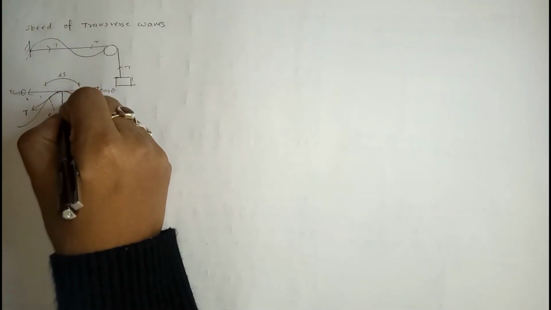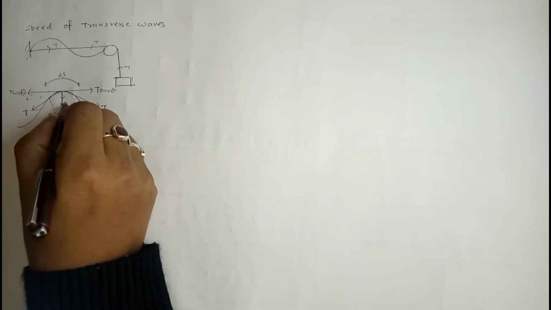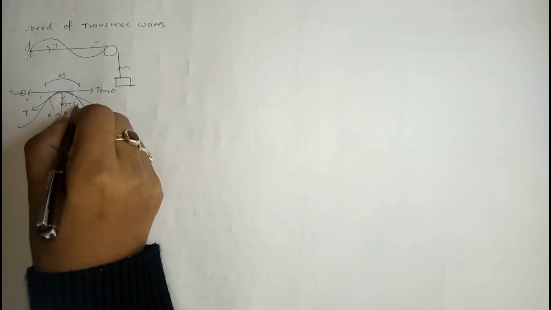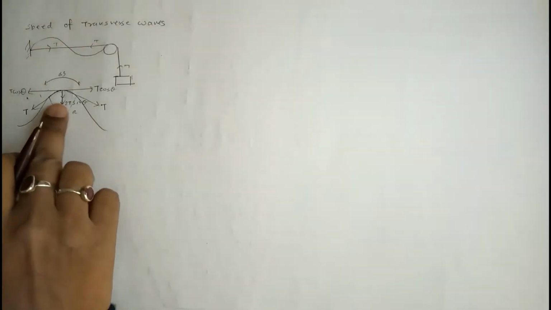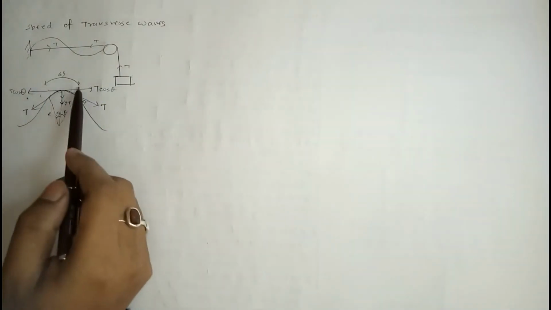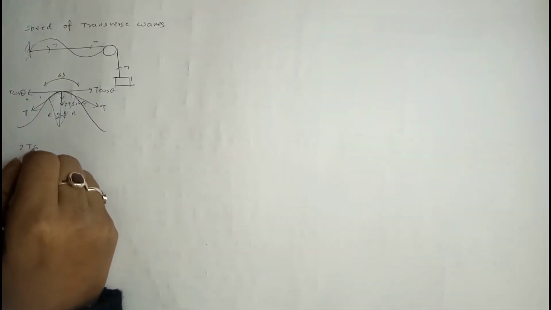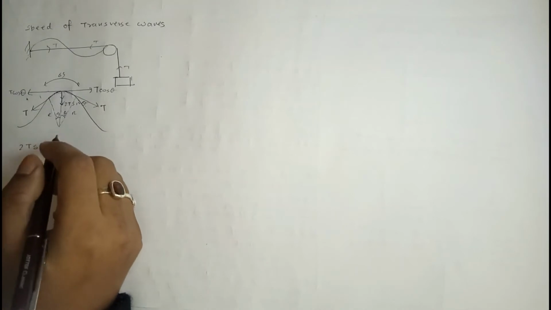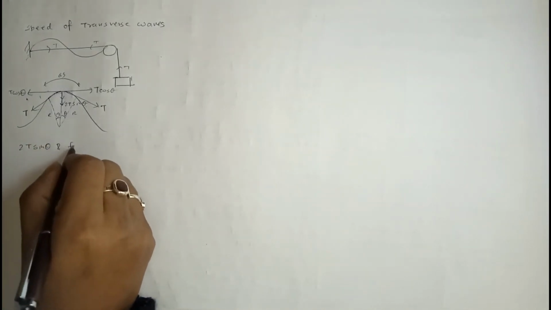Both tensions are in opposite directions, and the vertical components of both tensions are in the same direction. So here we have only the vertical component. Horizontal components cancel each other. So we write it as 2T sin theta, because we have two parts of the y component and we add them.